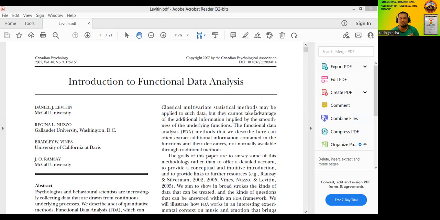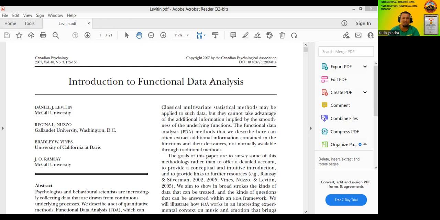So in functional data analysis, we try to make smooth graphs. You can imagine that from the several overlapping graphs, you try to produce several smooth graphs.